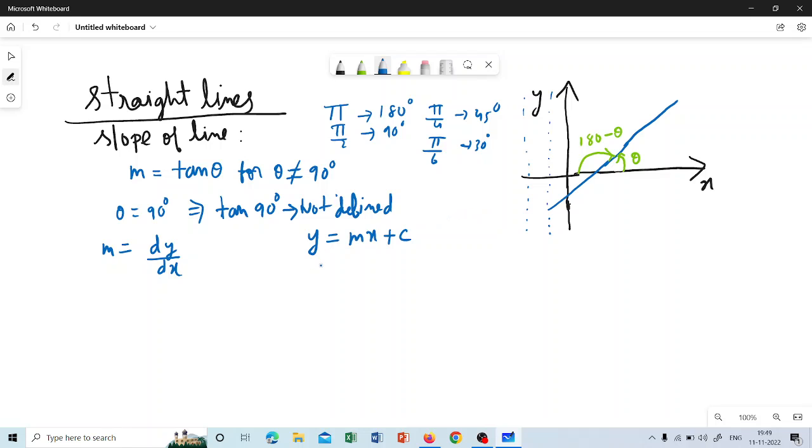If I take the derivative dy by dx, the derivative of mx is m and c is a constant, so the derivative is m. So again I end up with m equal to tan theta. As you know, the slope of a straight line is a constant.